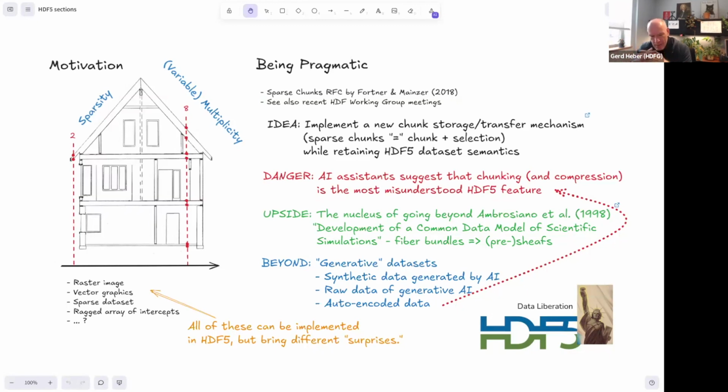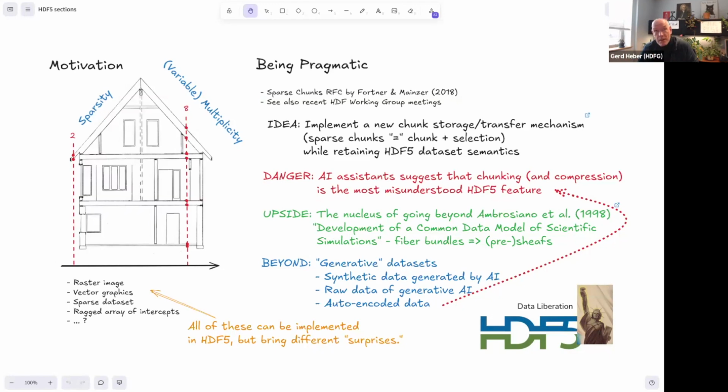But for a sparse dataset, you can inquire, in double quotes, which locations in this data space actually contain, in the sparse sense, non-zero, whatever zero means, entries and so forth, and that's great. So of course there is a danger here.